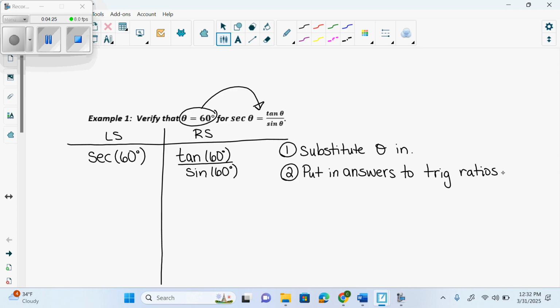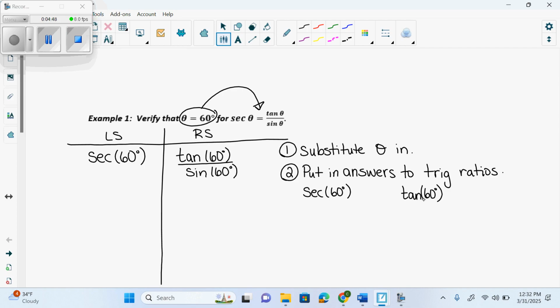I'm not going to switch secant to 1 over cos. I'm not doing any of that. I'm going to go off to the side and find those 3 trig ratios and then put the answers in. That's the second step. So off to the side, I have to find the answer to secant of 60 degrees. I need to find the answer to tan of 60 degrees.